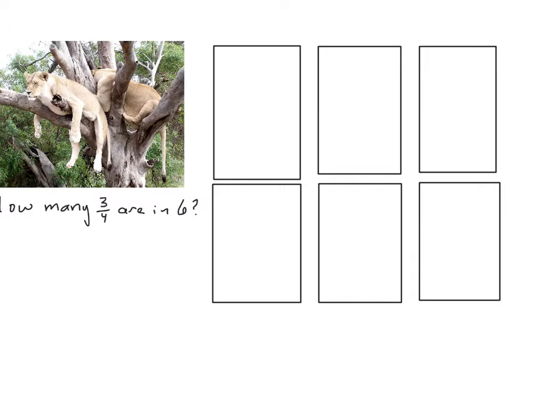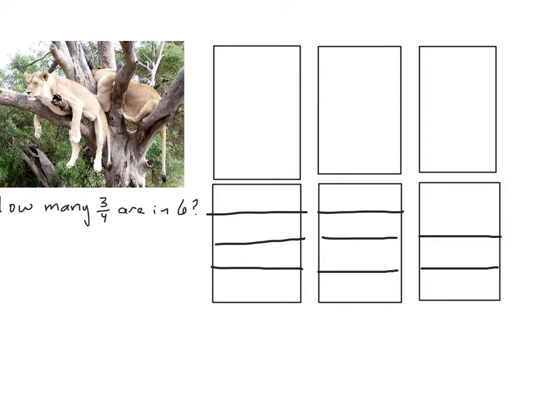So now each of these trees is going to be cut into 3/4 parts, right? So that means to make 4 parts, I got to draw 3 lines, right? So I'm going to go 1, I'm going to just kind of go across, and then 2, and then 3.